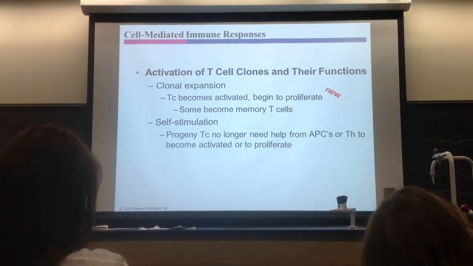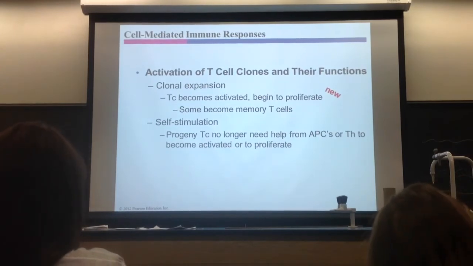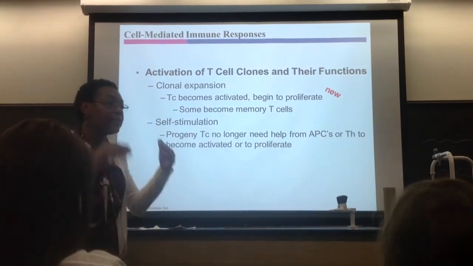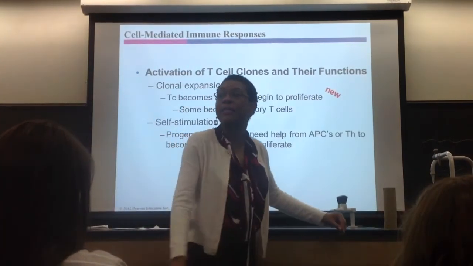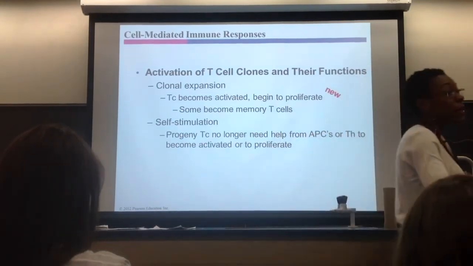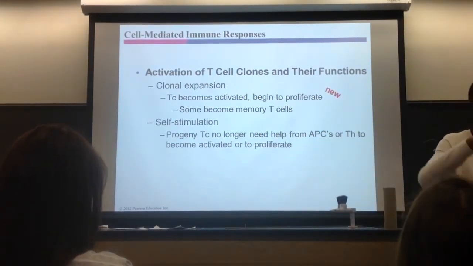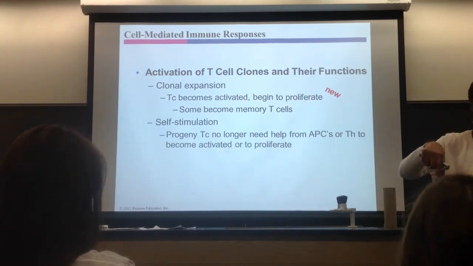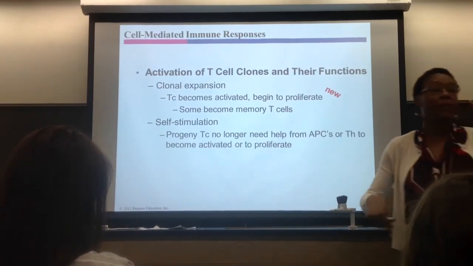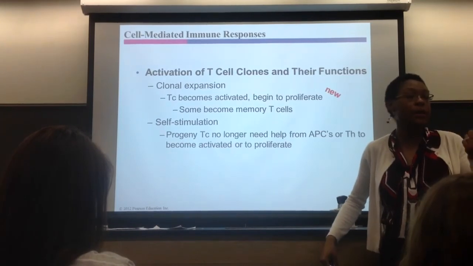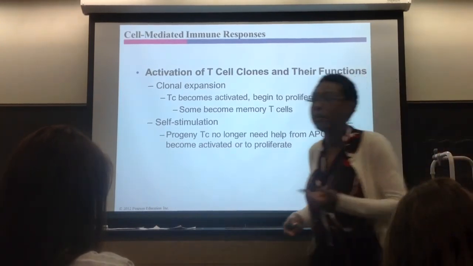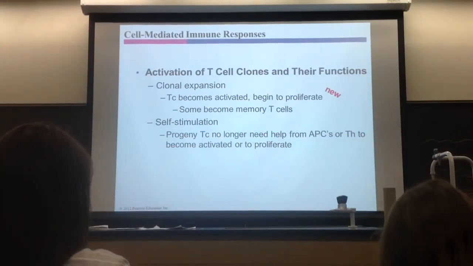I repeat, at the point that TC receives a signal from TH helper 1, repetition is key, he's now turned on. He's going to make copies of himself, and he's ready to attack the cells that are causing the problem. So activation means two things: kill the bad cells and make more of yourself. Okay, that's what it means to be activated.